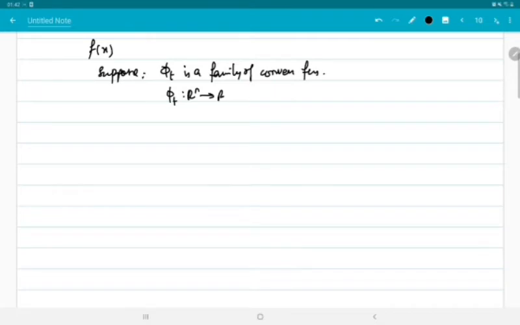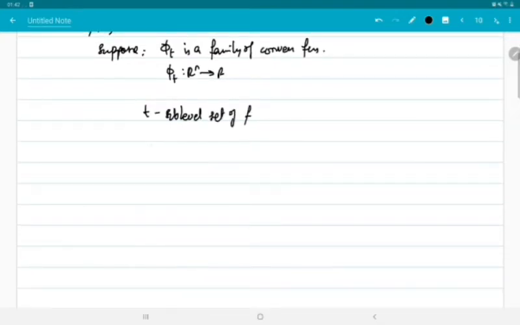So we take the t sublevel set of f, that is, all values of x such that f of x less than equal to t, and then we assign these x values.